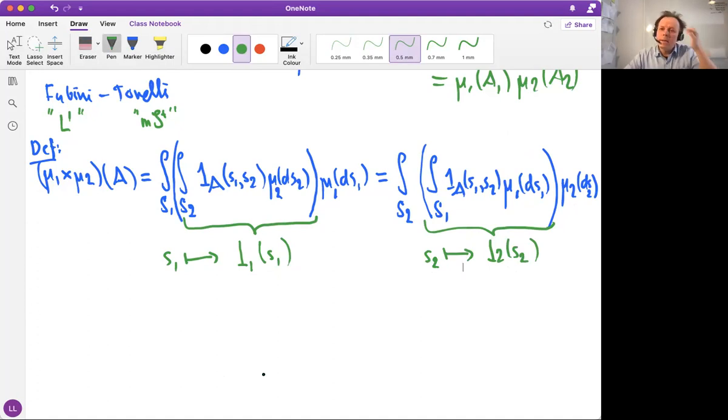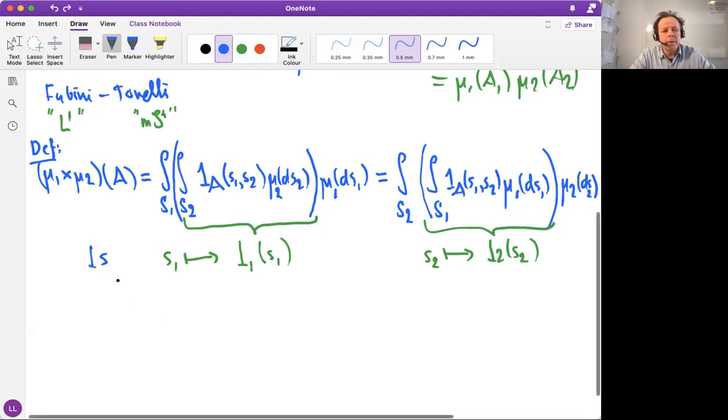Our next question is to check that this definition works. Is this map, S1 mapped to this integral, a measurable function or is it not? And we ask, is this one measurable?